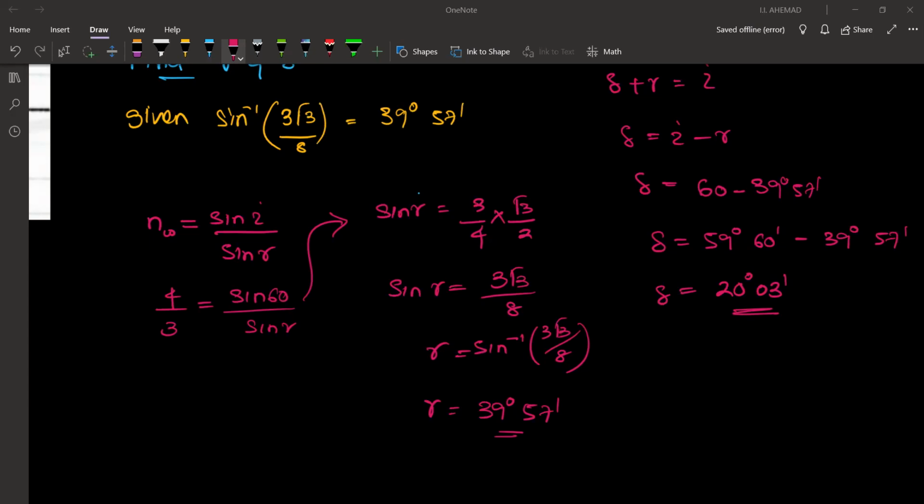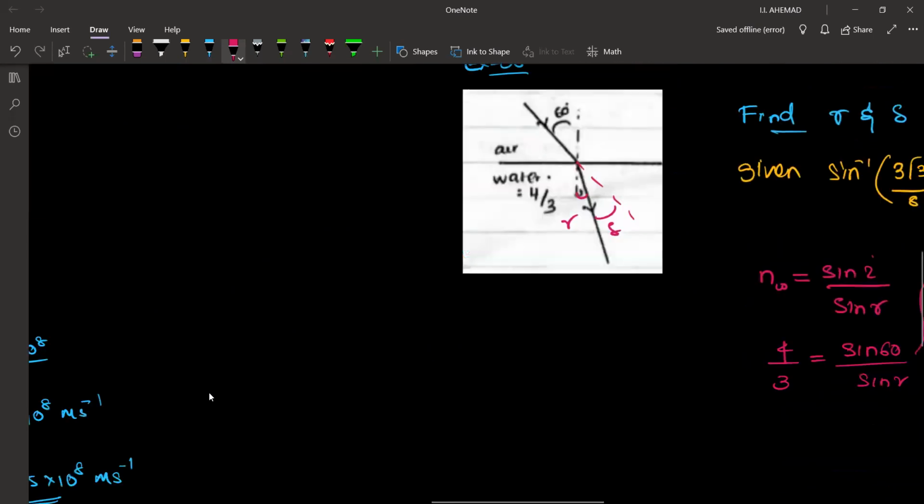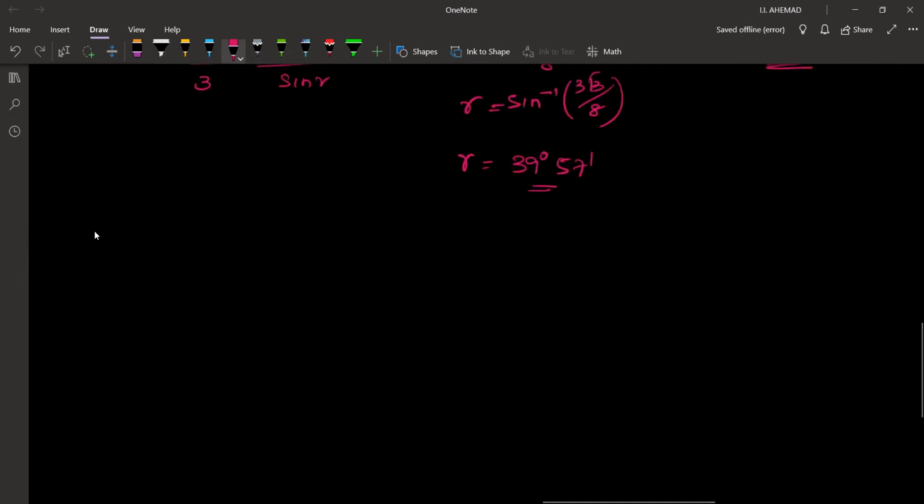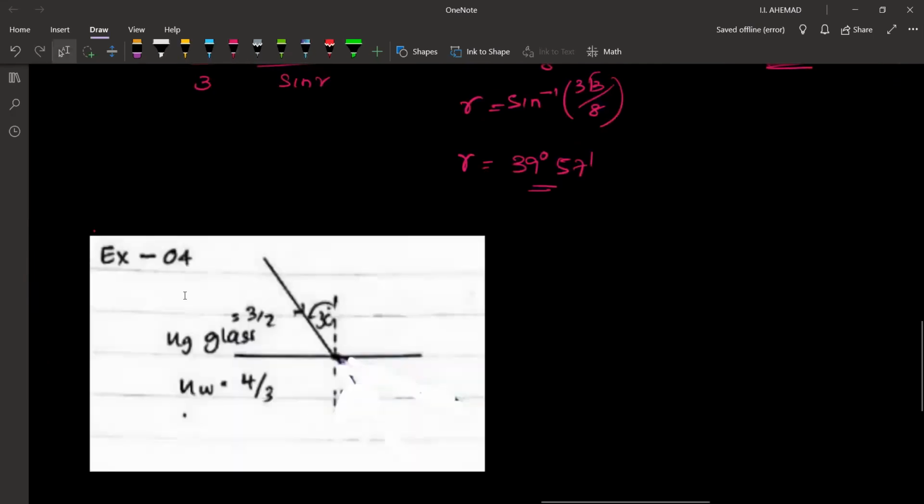What's the example number? Example 6. So example 7.